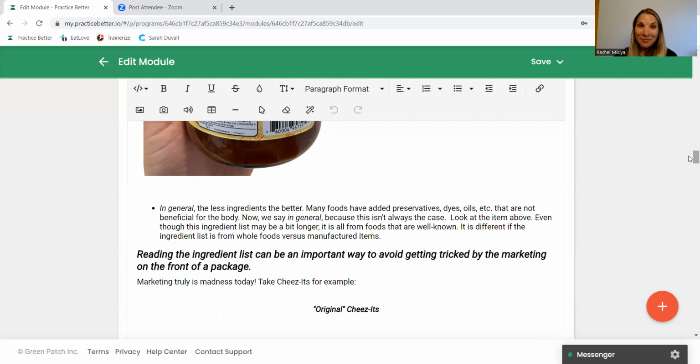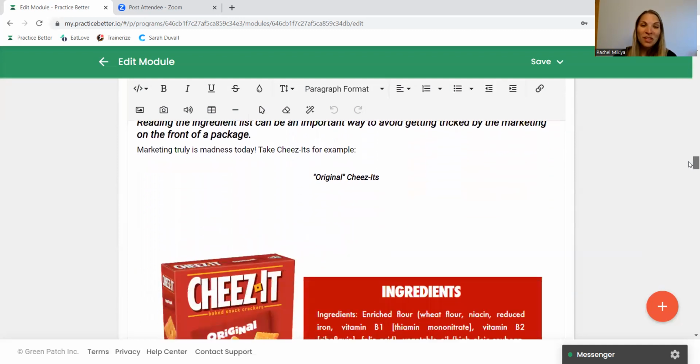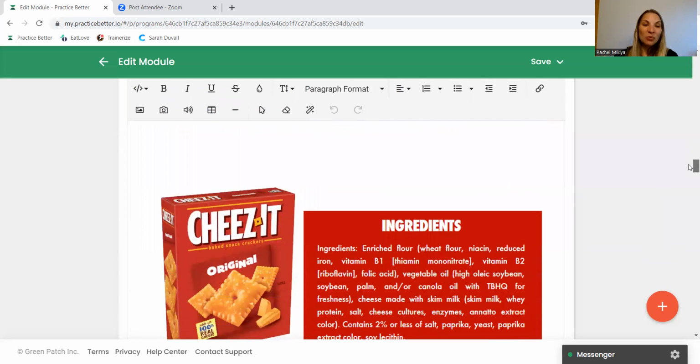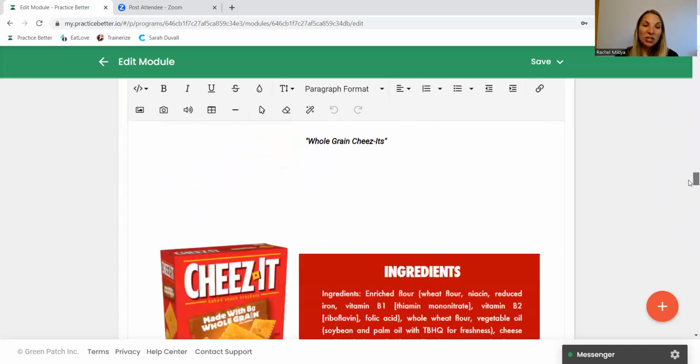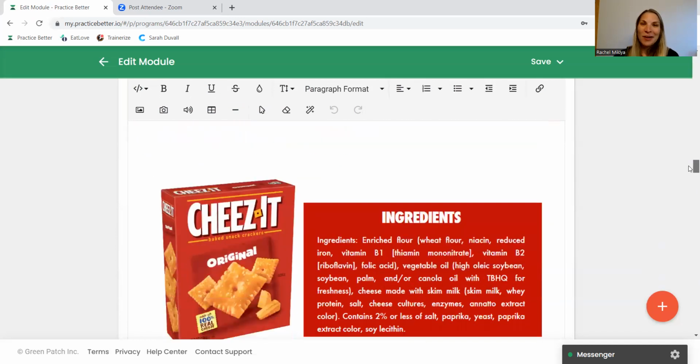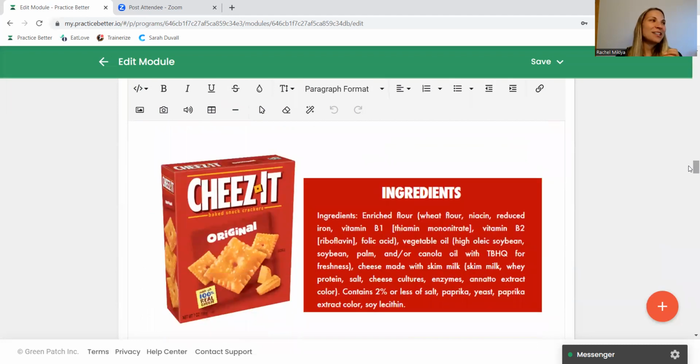I'm going to go through some examples here about getting tricked by some of this marketing on the front of a package, because truly marketing is madness in today's world. So I'm going to show you original Cheez-Its and whole grain Cheez-Its. Fun little story. Even when I was in school to become a dietitian, I would buy the whole grain Cheez-Its because I'm like, oh, these are healthier for me.